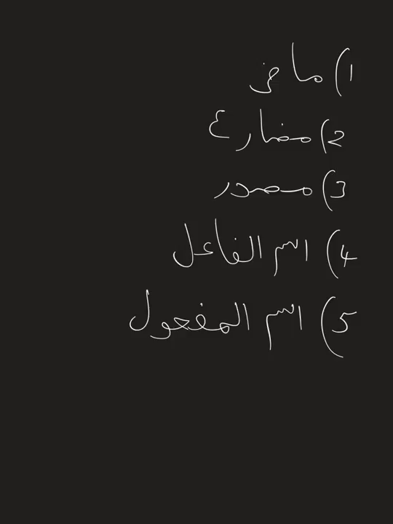must be able to make the fi'lul madi, the fi'lul mudari'. You should be aware of the masdar, which is on the pattern of the name of the category. So if'al, for example, for babul if'al, and you should be able to make the ismul fa'il and ismul maf'ul. All this has been covered in great detail.